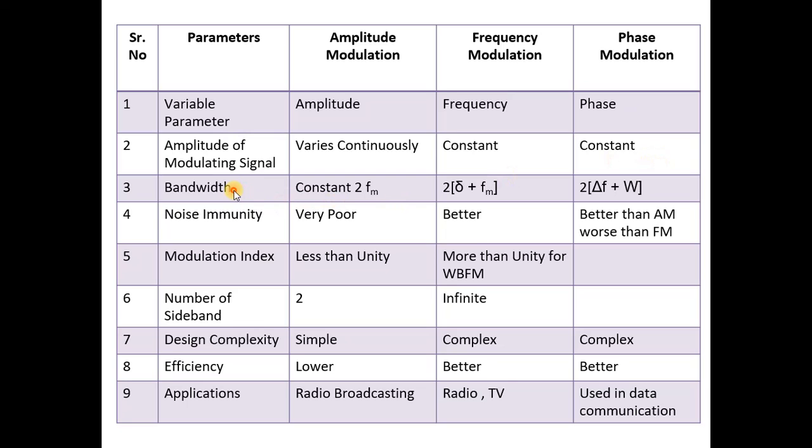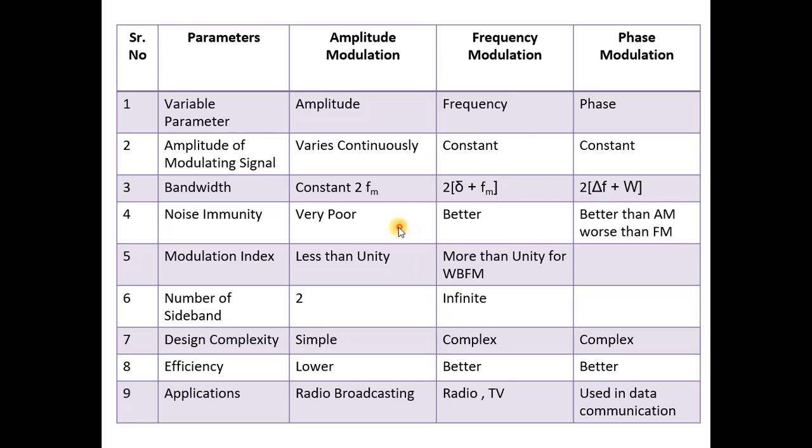The bandwidth in case of amplitude modulation is twice fm, whereas in frequency modulation it depends on del, the deviation factor. It is 2 del plus modulating frequency, 2 del plus W.